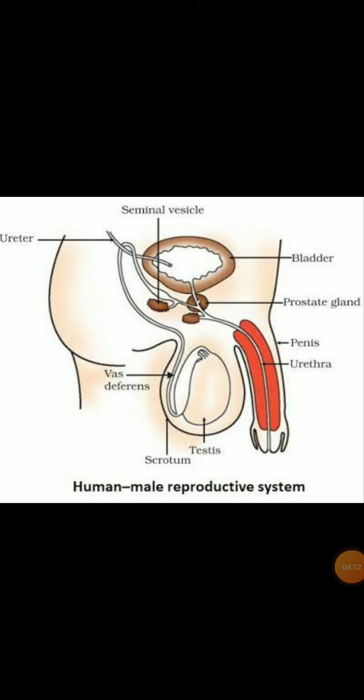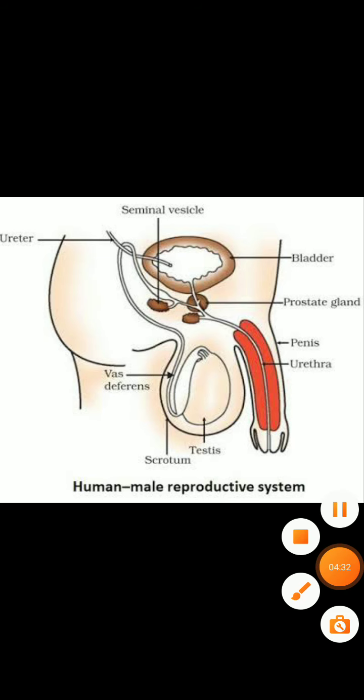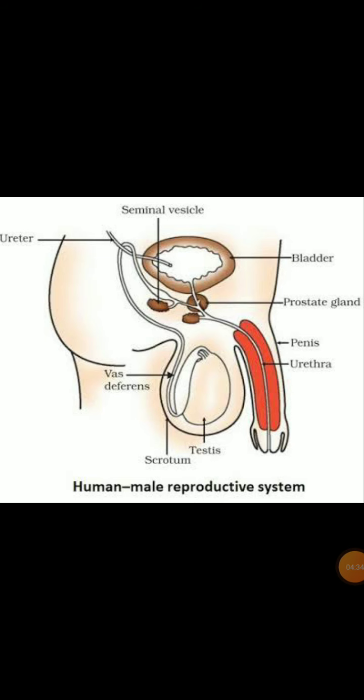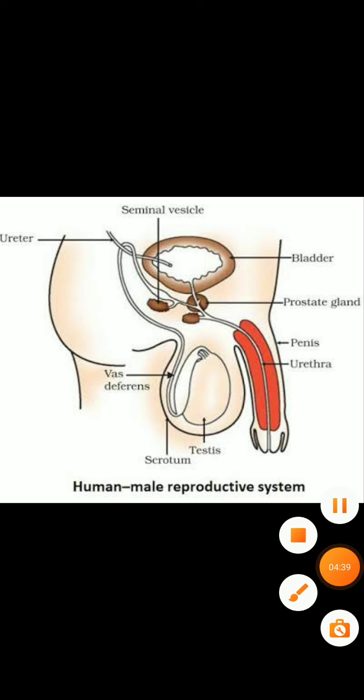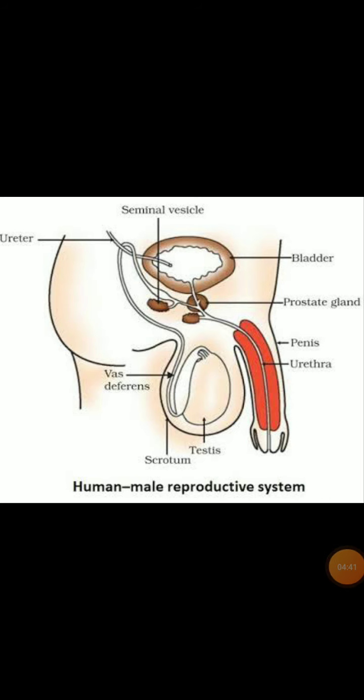In chapter number 7, we have learnt about the hormones and the glands which secrete them. In that, we have also discussed the role of testes in the secretion of the hormone testosterone. Right? We discussed that testosterone is secreted by testes. So, testosterone regulates the formation of sperms.